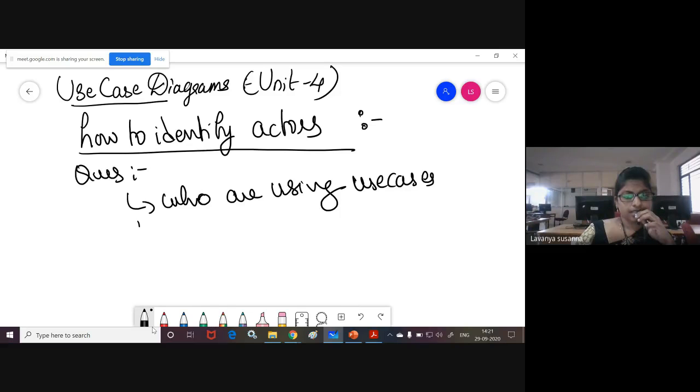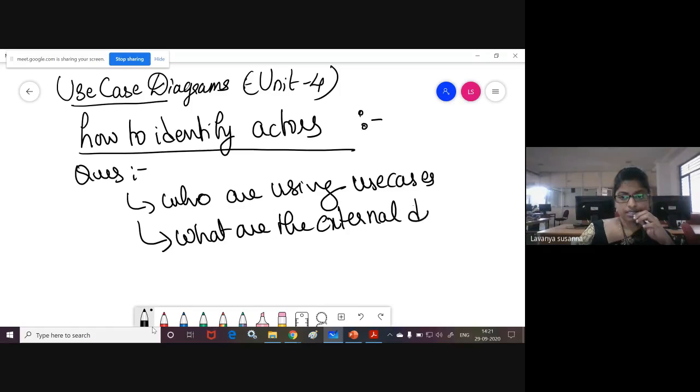Who uses the use cases, and what are the external devices using use cases? These questions you need to take. How to identify the actors, take these questions. Who are using the use cases, and what are the external devices that communicate with the system you are developing.